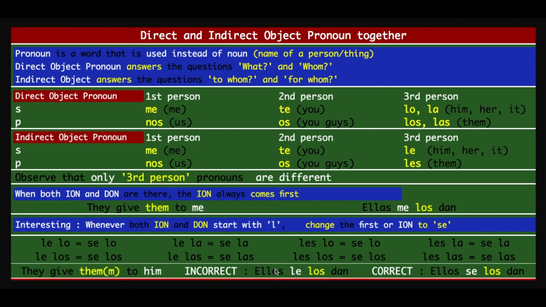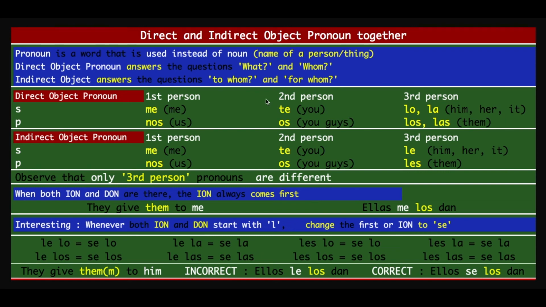So they give them to him. Ellos le los dan is what it naturally looks like, but as we just saw, both of them are L, so we will not use le and we will change le to se. So it will be ellos se los dan, which makes it less cacophonic.